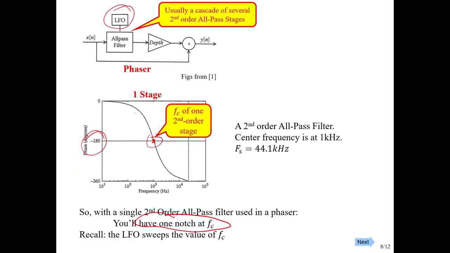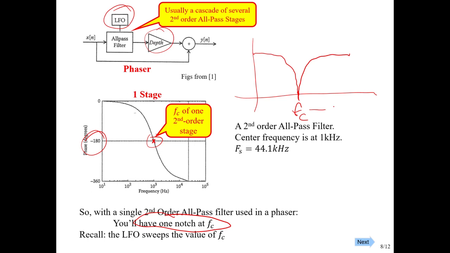I didn't really draw a picture, but what we would see in this case is something that looks like this. Assuming that our depth is set to 1, we'd see one notch. And I don't know if it has exactly that shape, but this would be at FC. Just one notch. That would not sound terribly interesting.